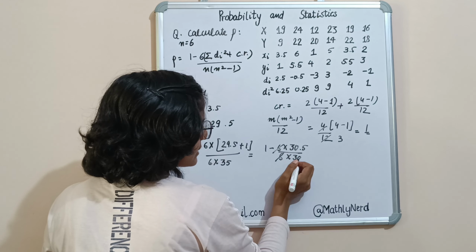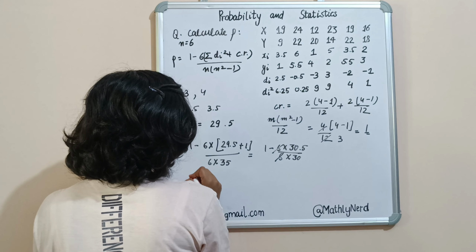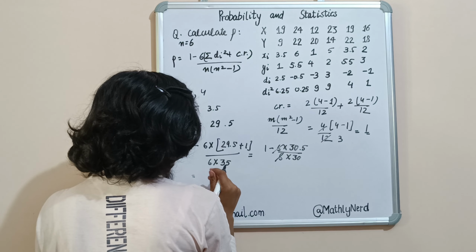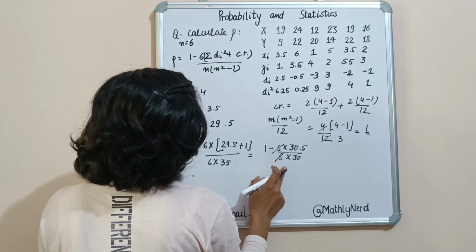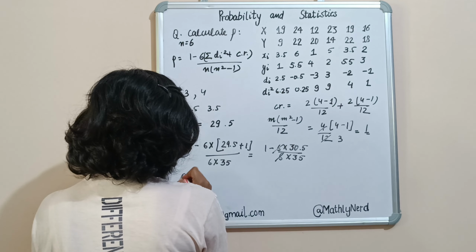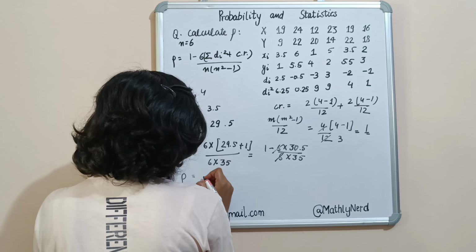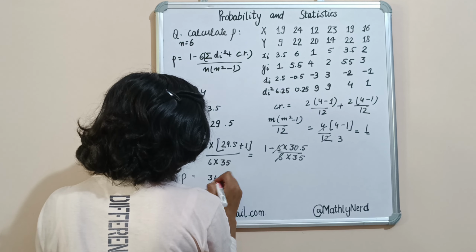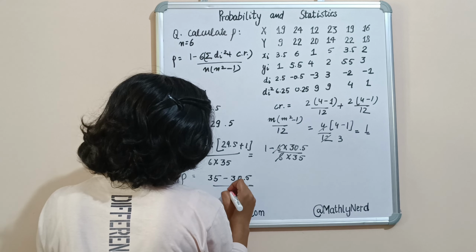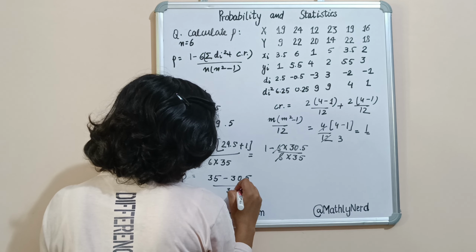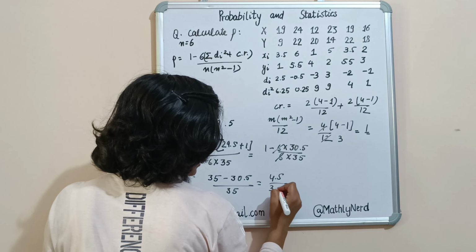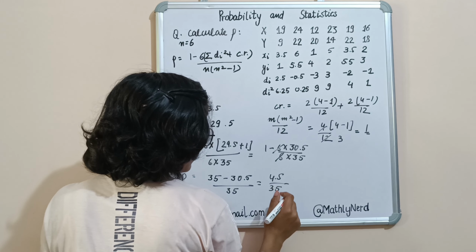You can divide 6 by 6. So this is 35. So rho will be equal to 35 minus 30.5, divided by 35, 4.5 divided by 35.